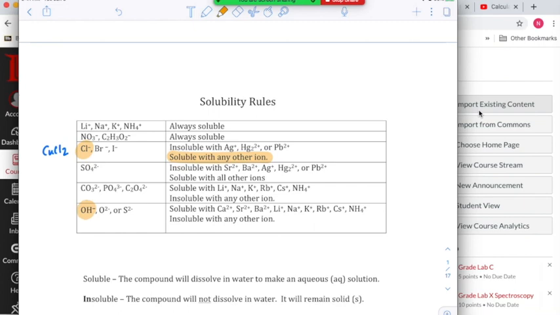And it says that it would be soluble if its cation, its positive ion, was calcium, strontium, barium, lithium, sodium, rubidium, cesium, or ammonium. So it's a big list, but it does not include what we have, which is copper. Because it doesn't include that, we are left with it being insoluble. And an insoluble compound does not dissolve in water, and therefore it remains solid. So when we have our copper hydroxide, it will be insoluble.